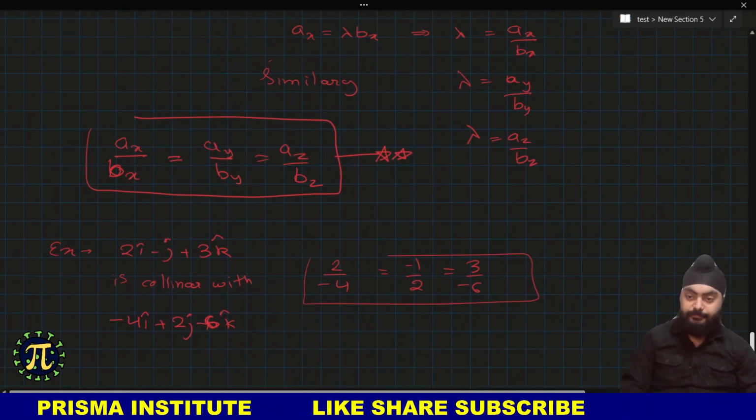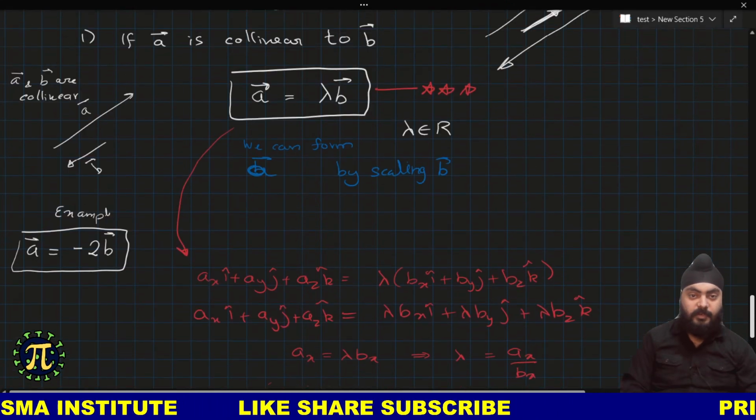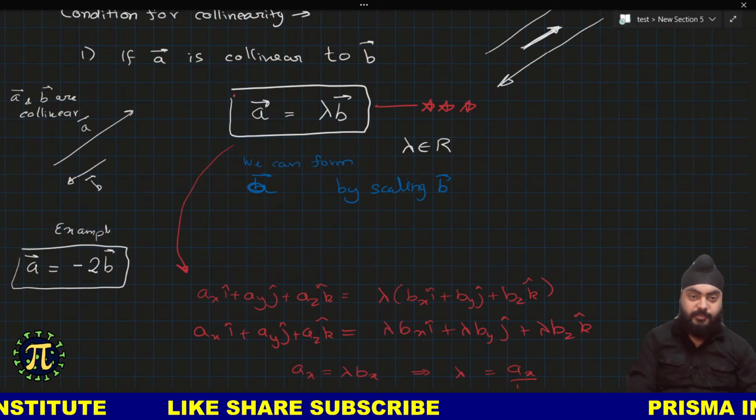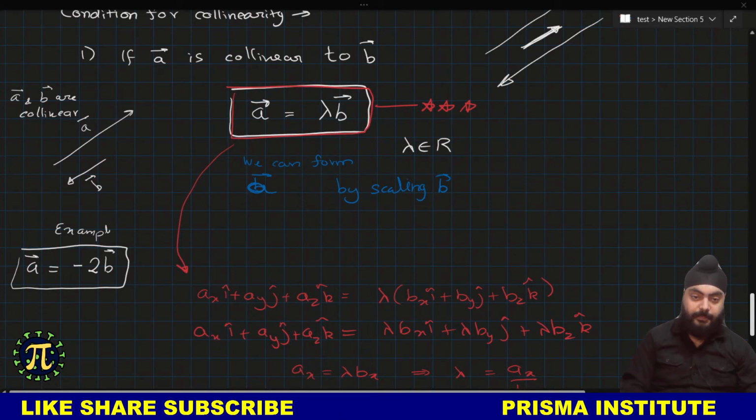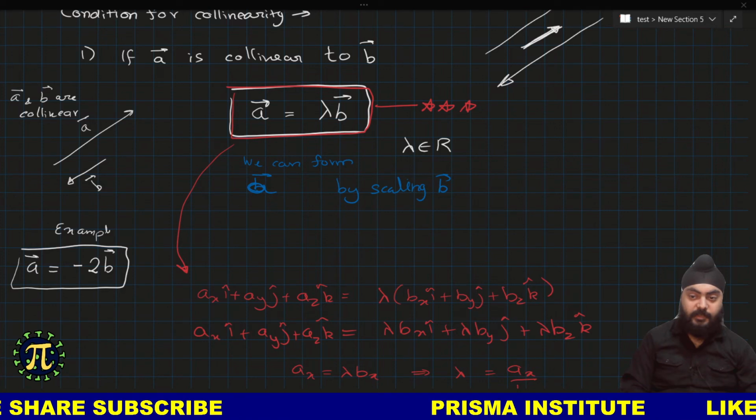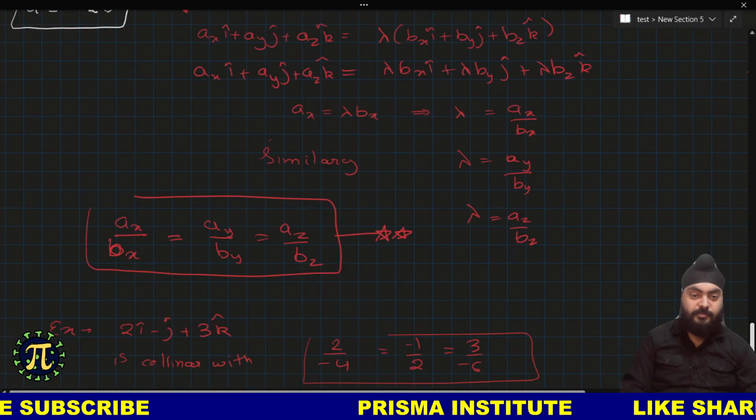Okay, but this here is the vector definition of it, and that is the component definition, the ratio of the components.